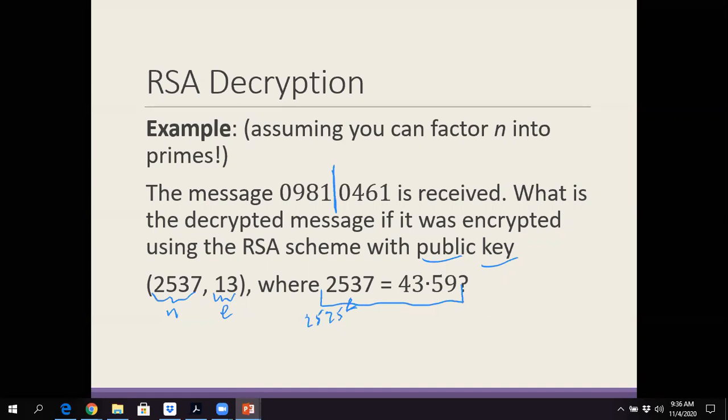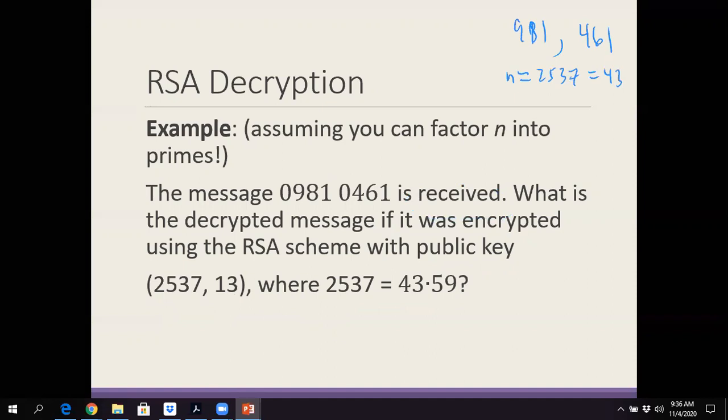Make sense so far? So this is what we got. We received this message. We received 981, and we received 461. This was with N equal to 2537, which is 43 times 59, and with E equal to 13.